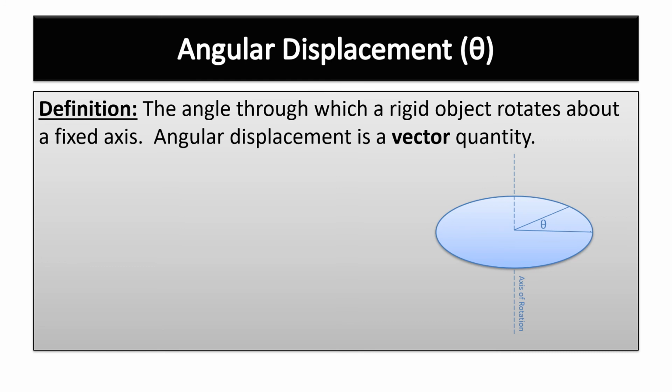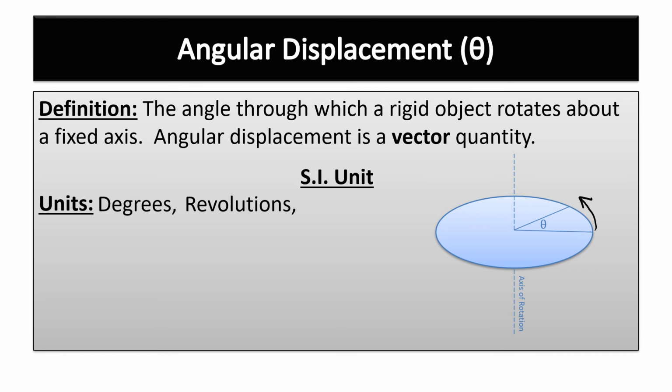Okay, so let's see. Oh, and by the way, look at this. I made a direction. I made an arrow. So what are our units for angular displacement? You kind of have a choice. You could use degrees, you could use revolutions, but the SI unit for angular displacement is radians. Radians.